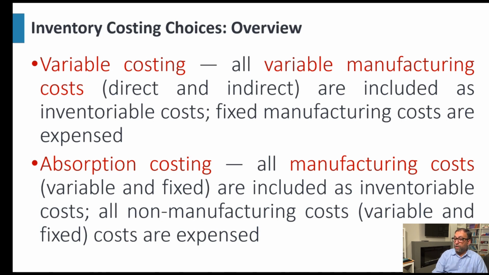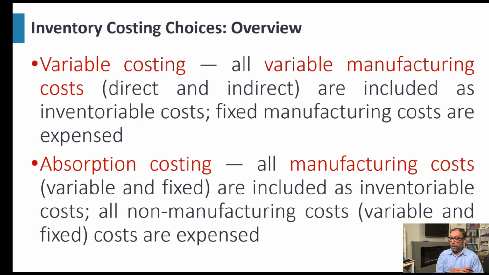So the main difference between variable costing method and absorption costing method is that in variable costing, we just add up all the variable costs related to per unit, and then we treat it as the cost of goods sold or cost of goods manufactured. But in absorption costing, we are not saying whether it's variable or fixed.